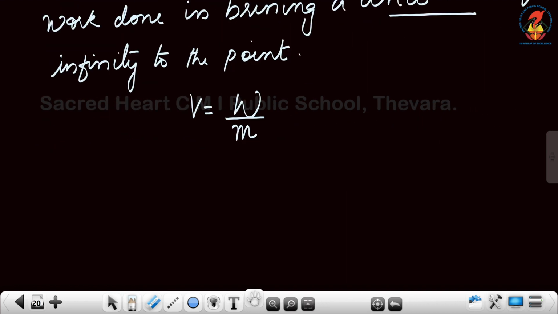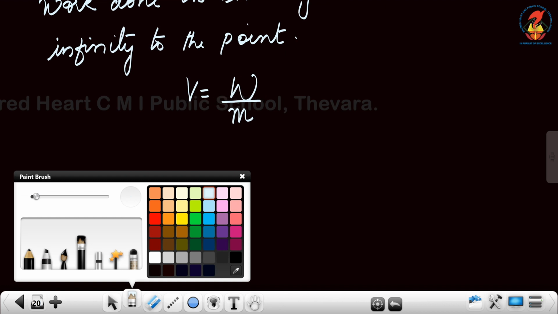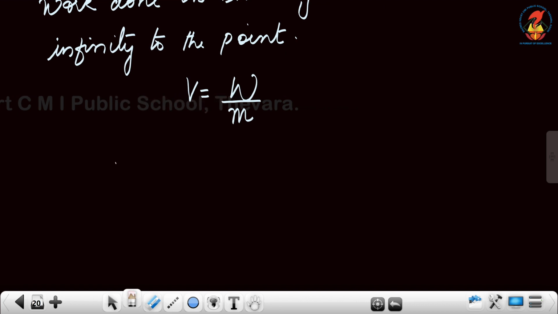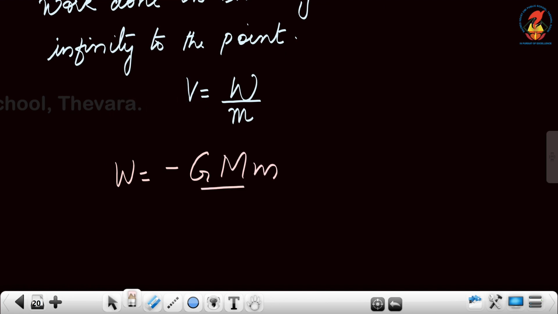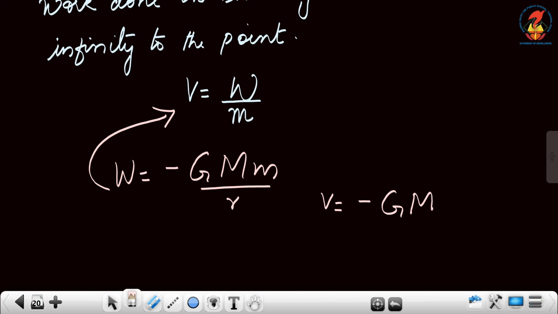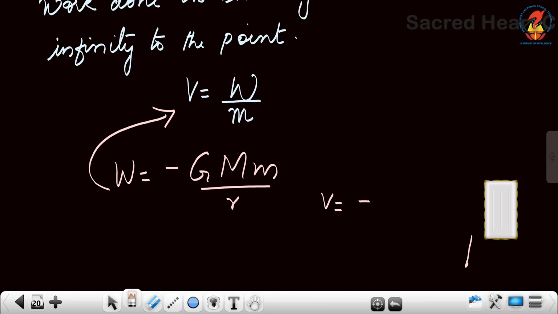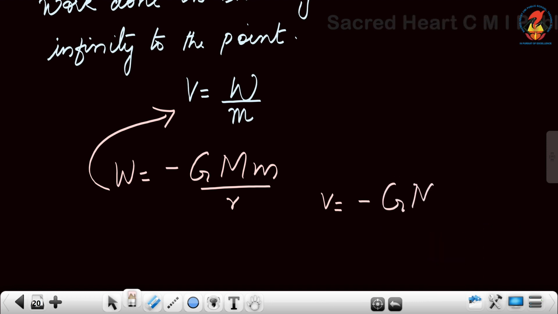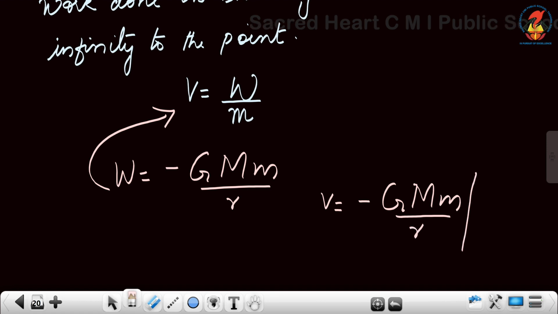Now, the equation for work done in bringing an object from infinity is W is equal to minus GMm divided by r. So, substituting the value of W in the above equation, we get V is equal to minus GMm by r divided by m.